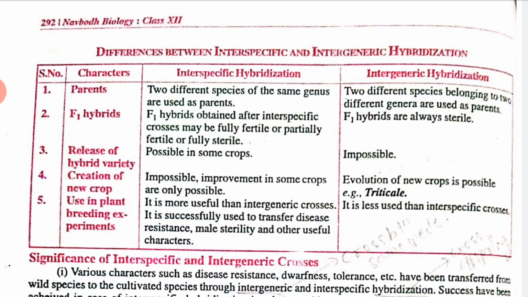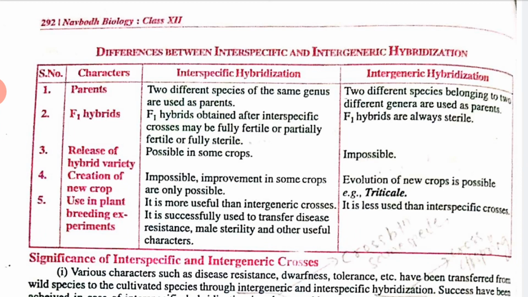Now come to the fifth point, that is mutation breeding. So what is mutation breeding? Mutation is a sudden heritable change in the characteristics of an organism; such a change may occur due to a change in genes, or in chromosomes.